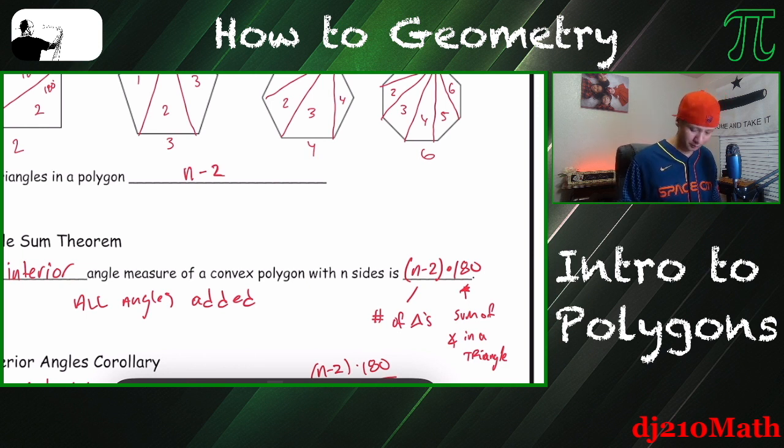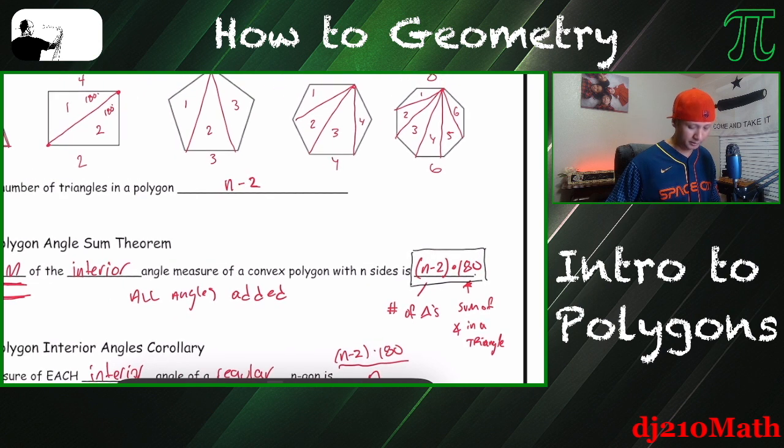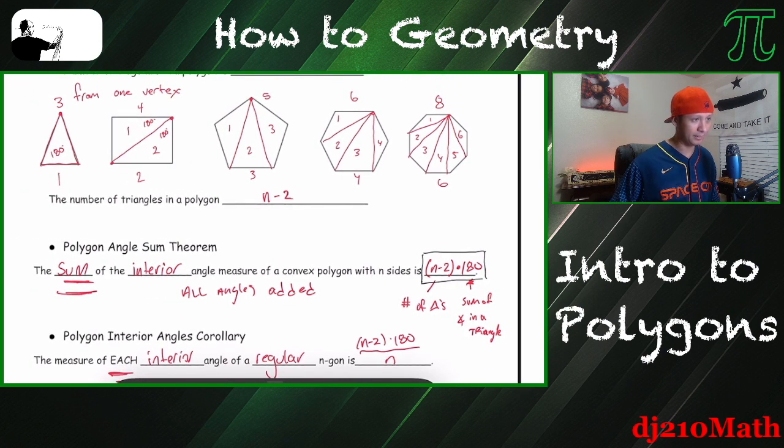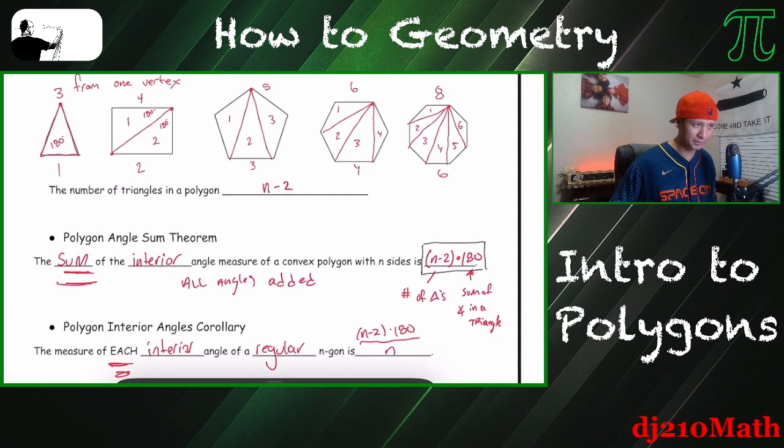So n minus 2 times 180, that is the most important formula actually at the moment. So n minus 2 times 180. Again, sum of the interior. Now, if I want to know what each angle is, you have to take the total number and divide it by the total number of sides.